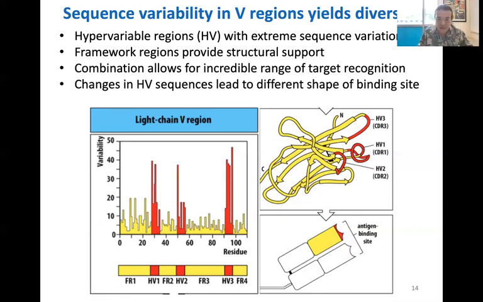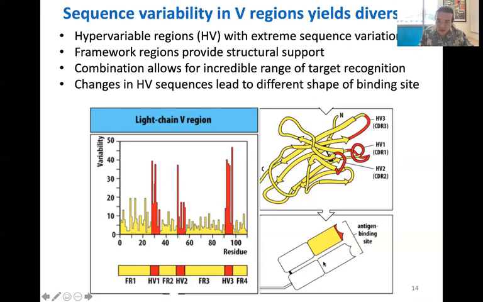But once you get to these highly variable regions or hypervariable regions, the red ones, you see that there's great amino acid diversity from antibody to antibody, meaning that in different antibodies, these three shapes would be very different. Keep in mind that this globular domain is just the variable region of just the light chain over here.